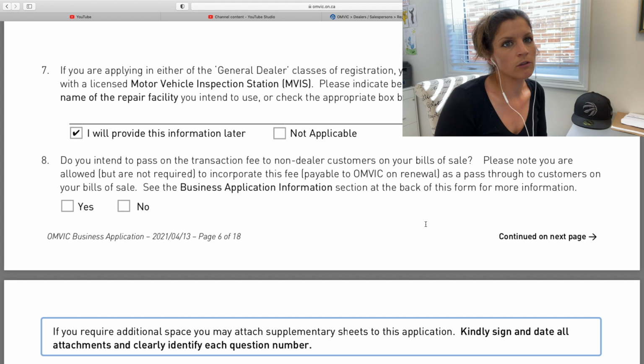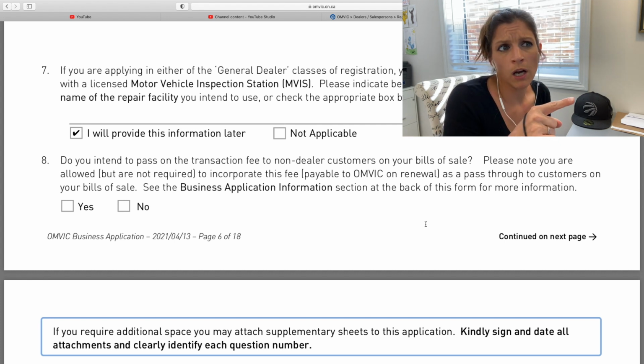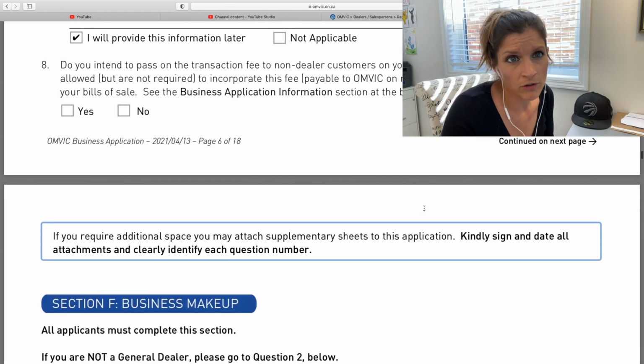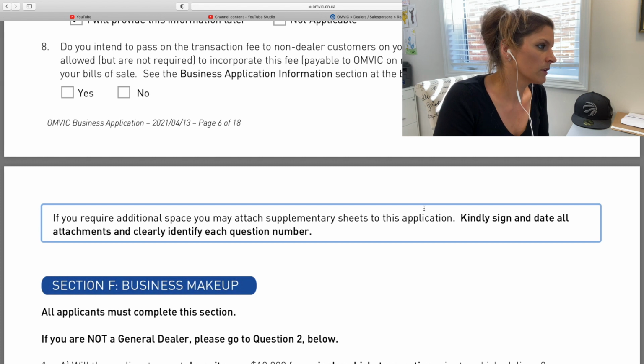You can do that, or you can choose not to. It's up to you. There's no right answer. But if you do, make sure you're also collecting HST on the $10 OMVIC fee. So that's what that's about.